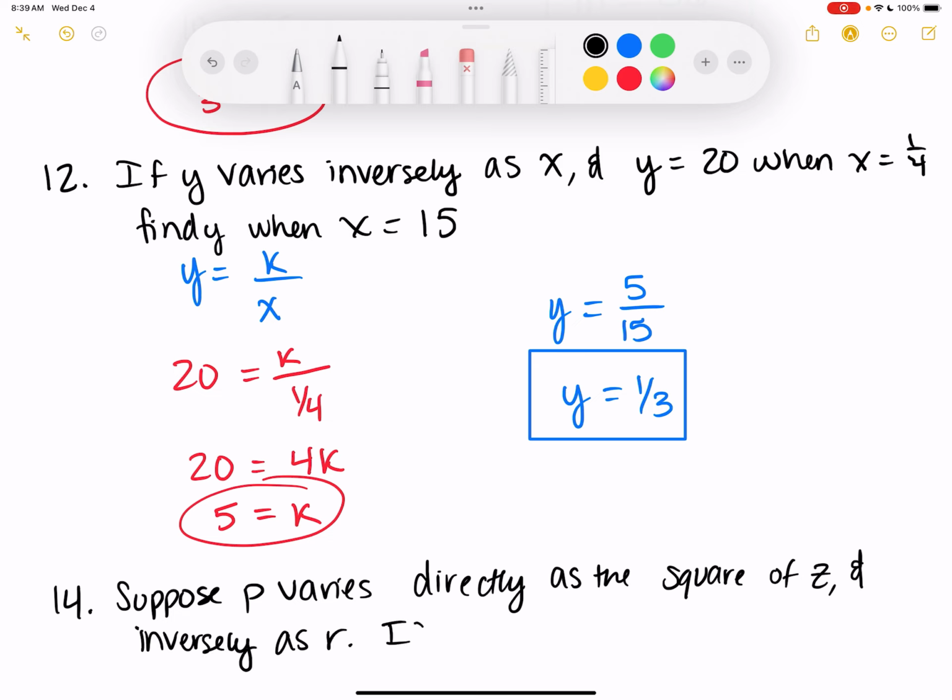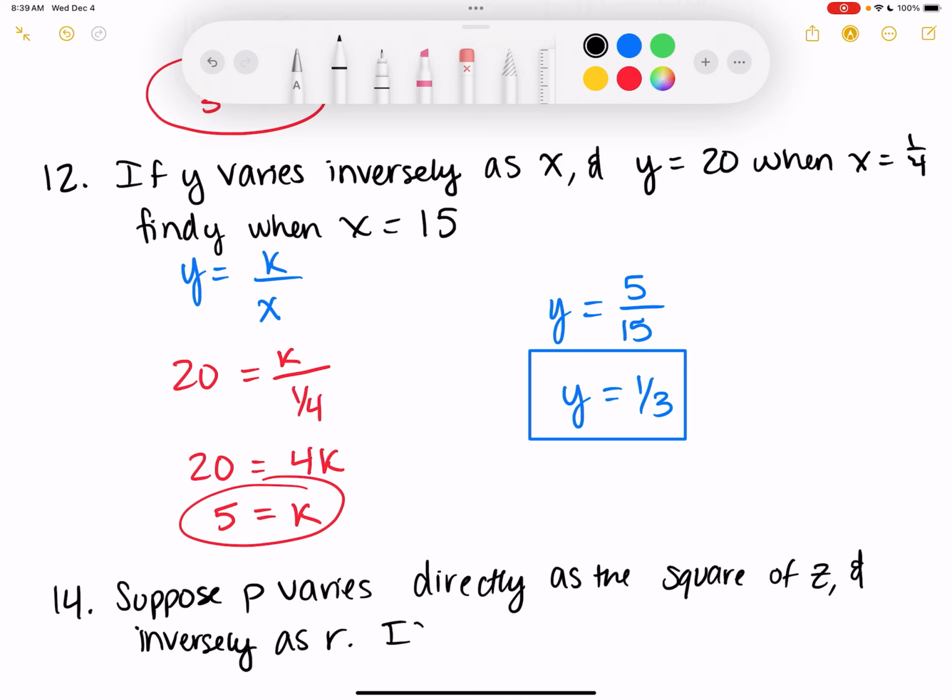All right, so this one actually combines two different things. It varies directly and inversely, okay? So it says P varies directly as the square of Z. So in this case, Z is going to be squared. But it's going to be P equals and then this stuff.